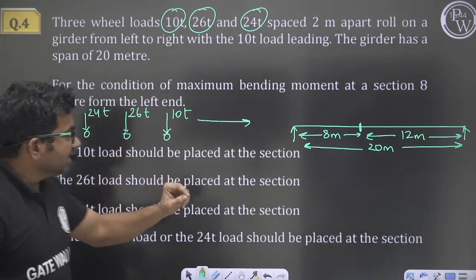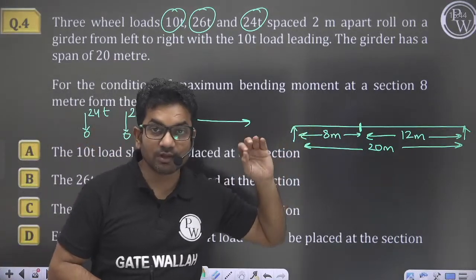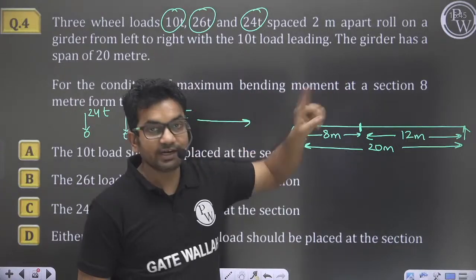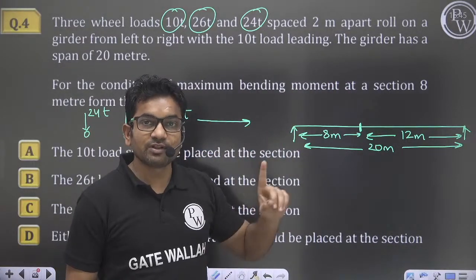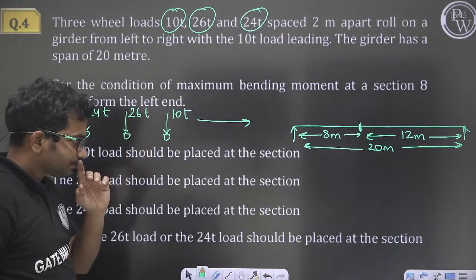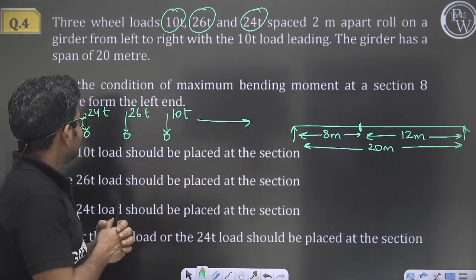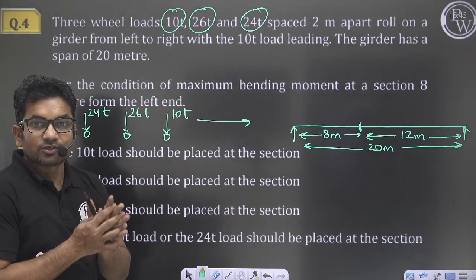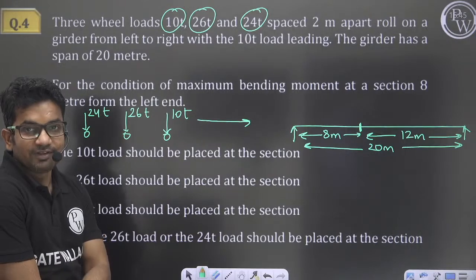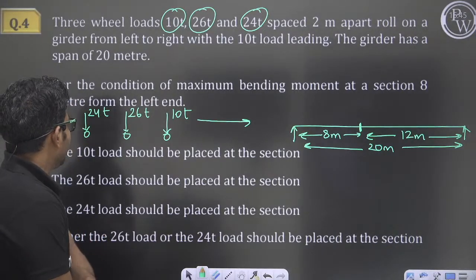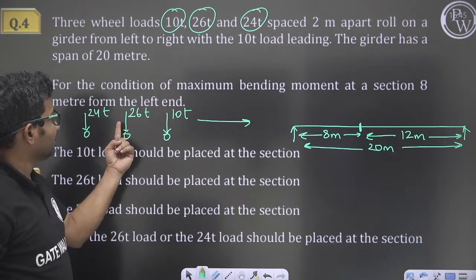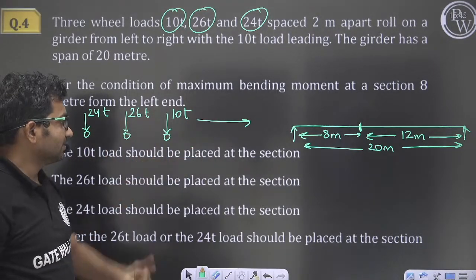Maximum bending moment will always arise when one of the loads is at the section. Which load should be at the section? It should be the heaviest load. If the middle load is heaviest, then that load should be at the section.